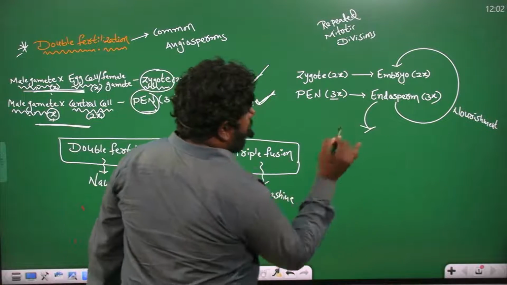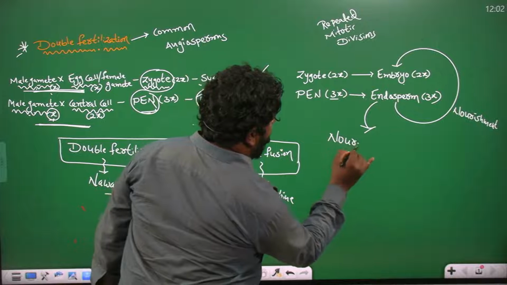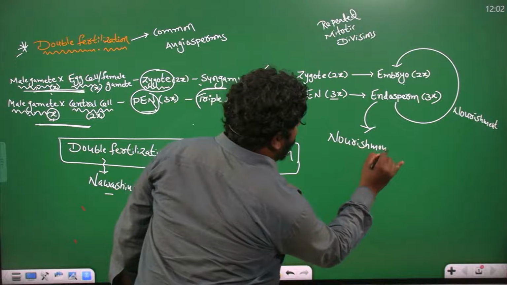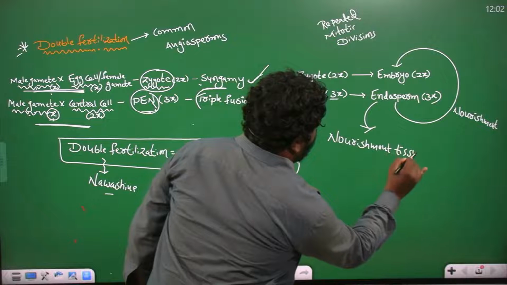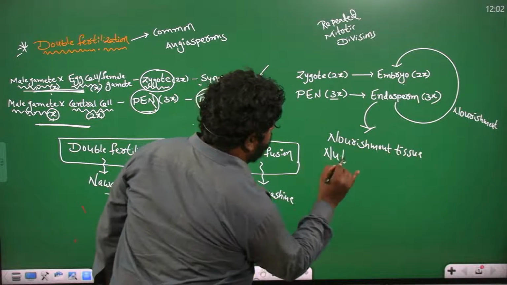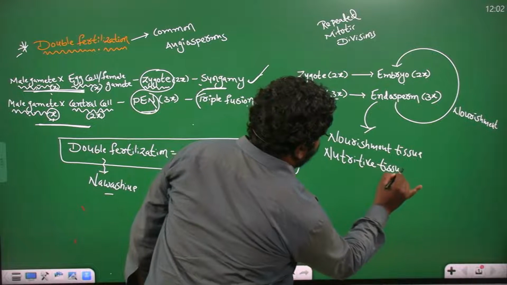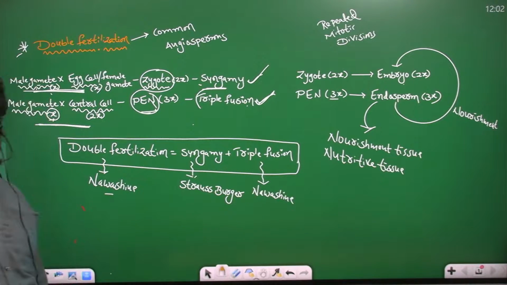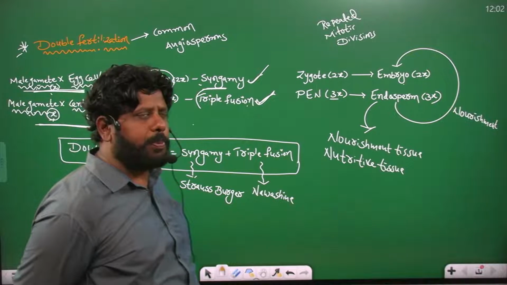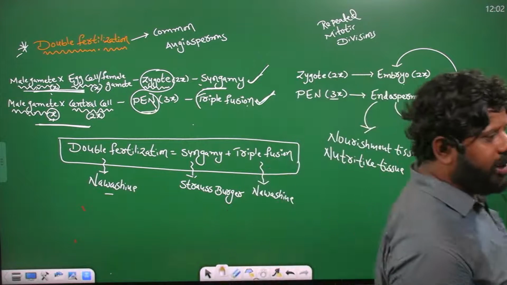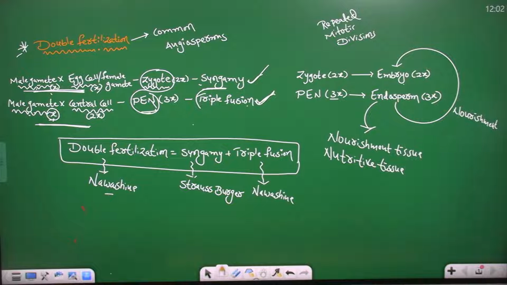That's why endosperm is considered as the nourishment tissue, means nutritive tissue. Why? Because it provides the nutrients to the developing embryo.